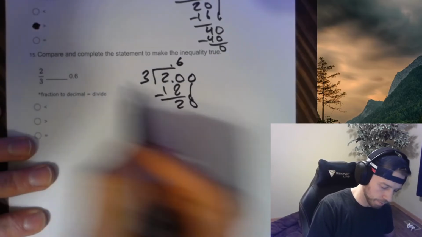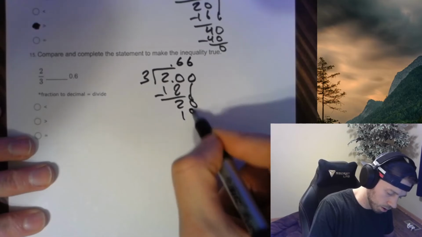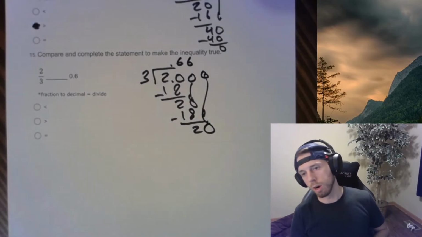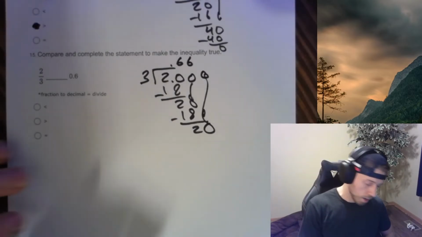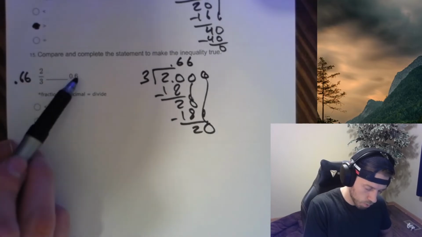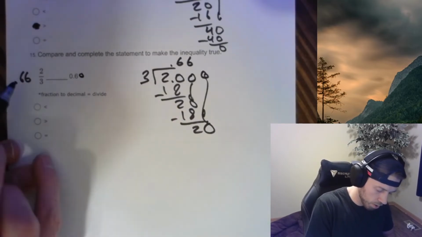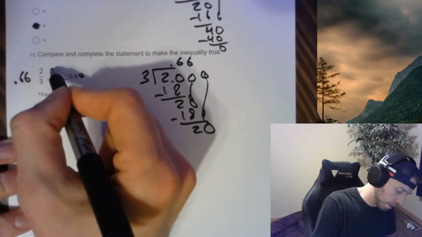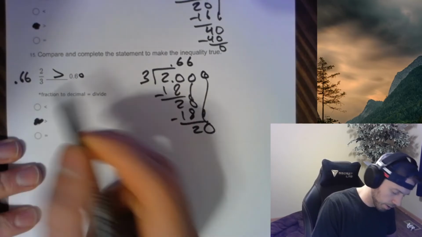And I got 20 again. 3 goes into 20 6 times, which is 18. And it's just going to keep going on forever, right? It's going to be 0.6 repeating. But that gives me enough information to know that this is more than this, right? This would end up with a 0 on the end. So 0.66 is bigger than 0.60. We know that this is also going to be greater than.